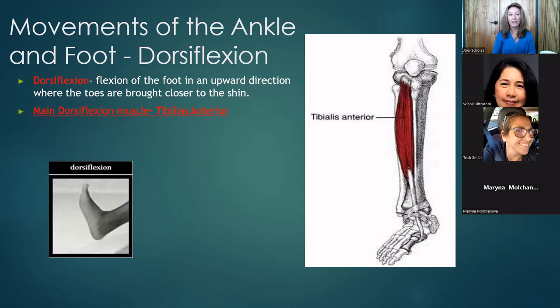Relax. Dorsiflex. Relax. Find it with your fingers. It's on the lateral aspect, on the outside of your lower leg, about halfway down. Go ahead and try it one more time. Dorsiflex, relax. Toes off the gas, relax. Good. That's your tibialis anterior.